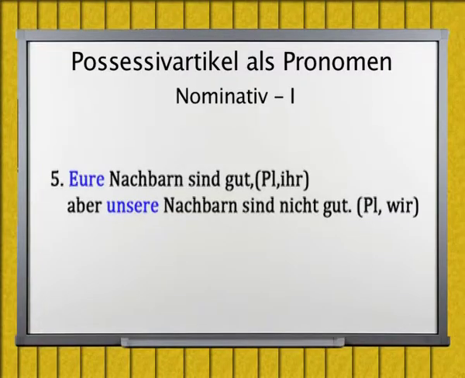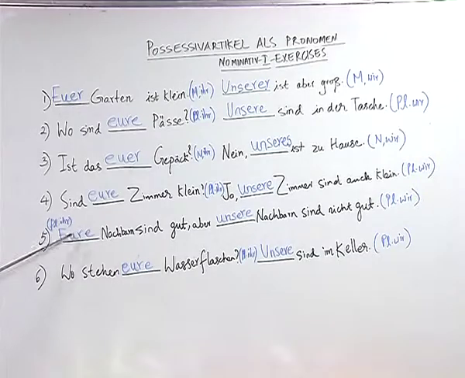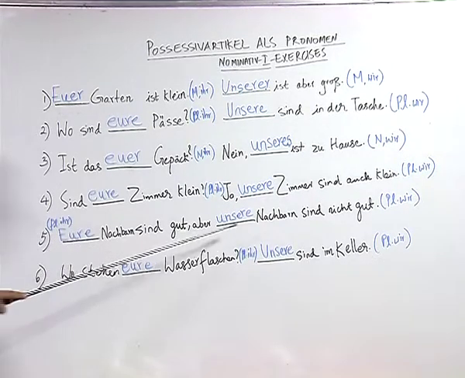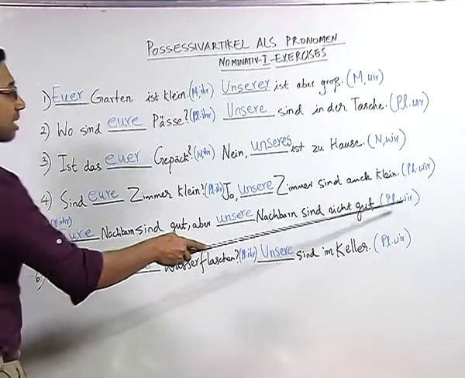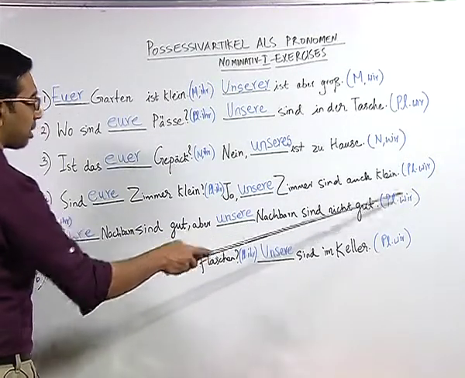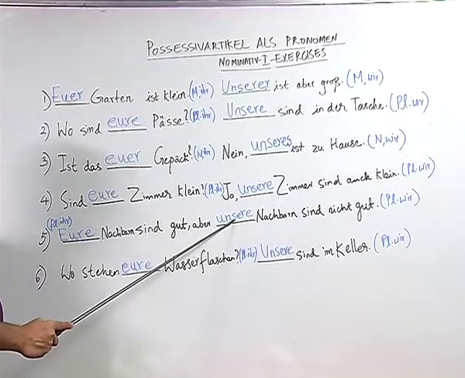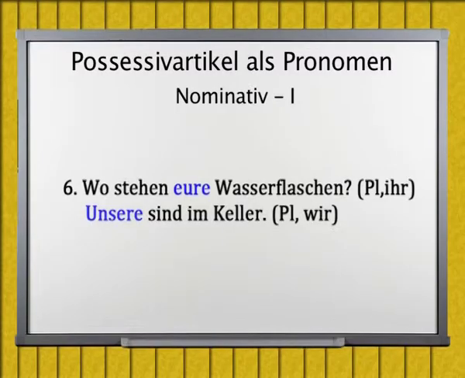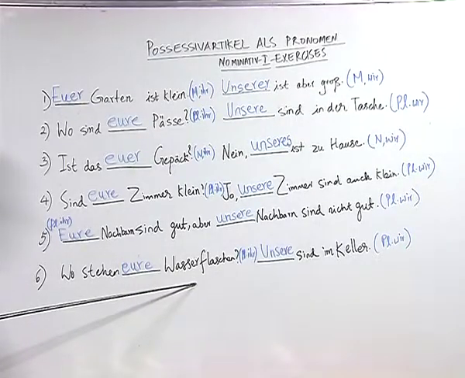In sentence number 5, the student has correctly written the plural form of the noun Nachbarn with its possessive article ihr, which is eure, and for the noun Nachbarn, the student has correctly written for the pronoun wir the possessive article unsere. Wo stehen eure Wasserflaschen? Wasserflaschen means water bottles.